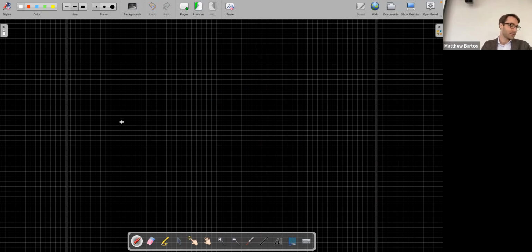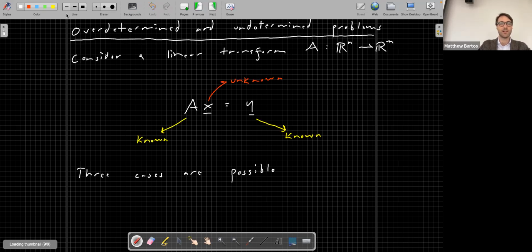Okay, the first is the easy case. This is the nice case, where our matrix A is square. In other words, m is equal to n. And just to be clear, x is in R^n and y is in R^m.